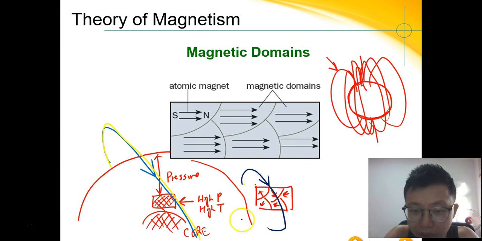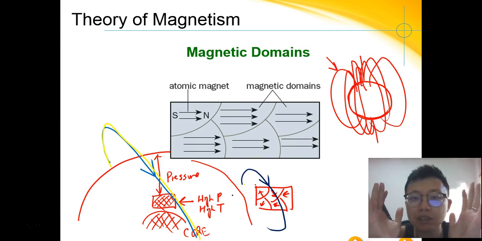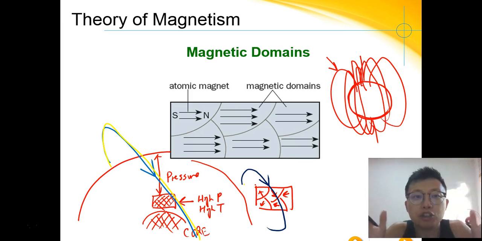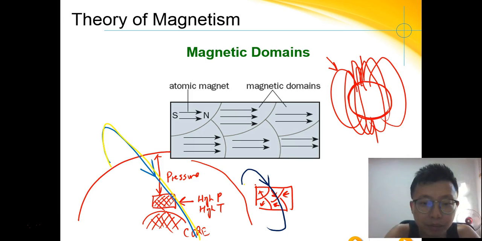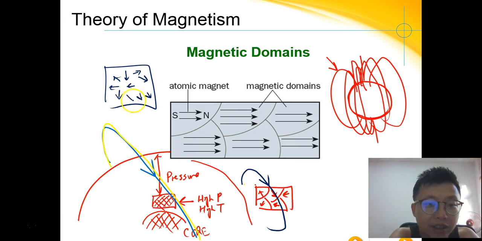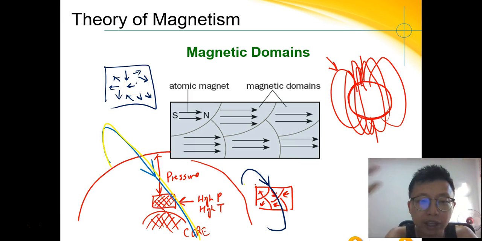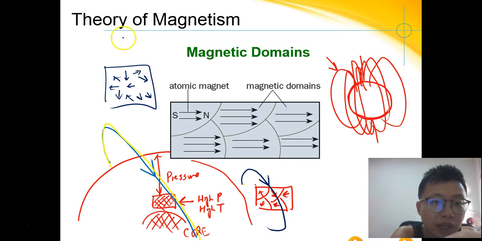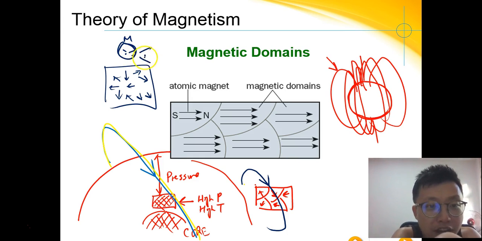So this external magnetic field is like a teacher shouting at a group of Set 1 students. Before the teacher comes, they are all looking in different directions, right? So these Set 1 students are like your domains in a normal mineral. They are all looking in different directions. But once you have an external magnetic field, who comes here and you start shouting, hey!